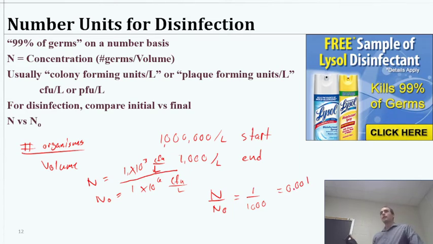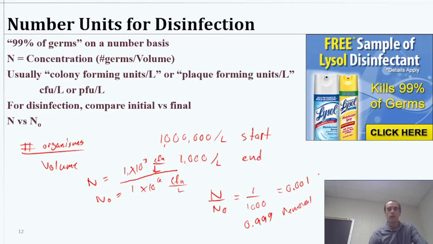That ratio means there's 1/1000th of our bacteria left per liter compared to what we started with. So that gives us a 0.999 removal.